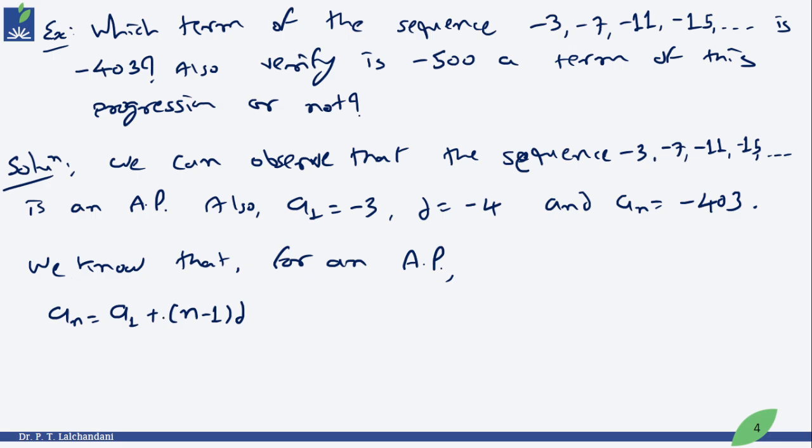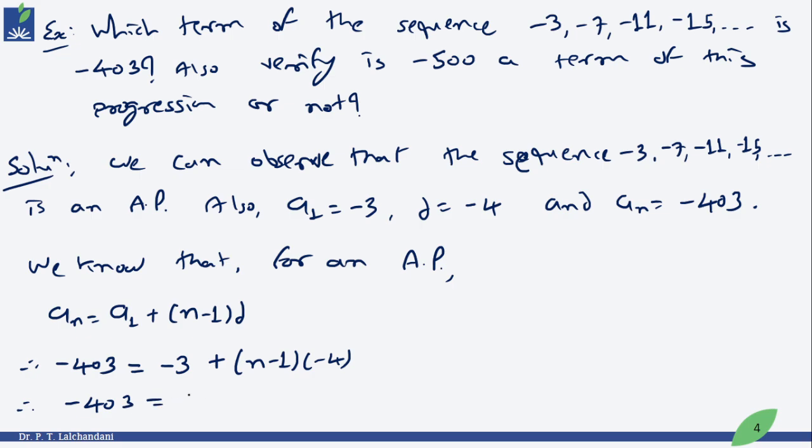We have all the values except the value of n, so let us put the values. An is equal to -403, which is equal to a1, that is -3, plus n minus 1 into d. And the value of d is -4.